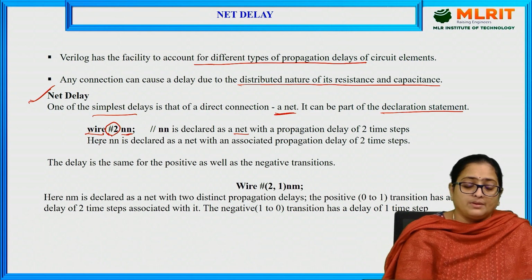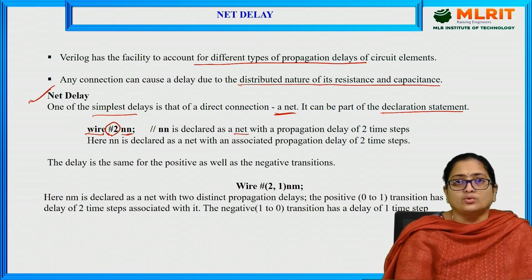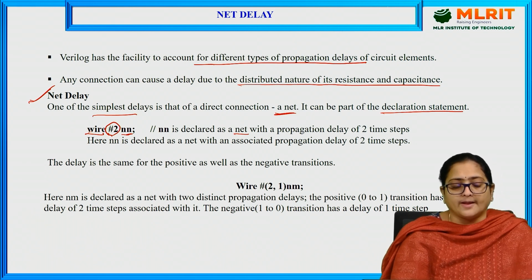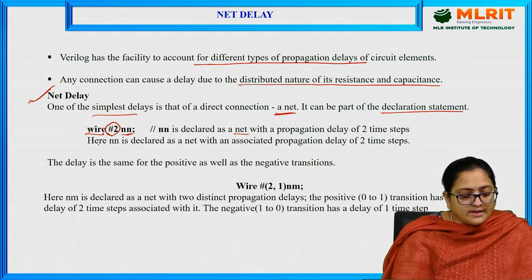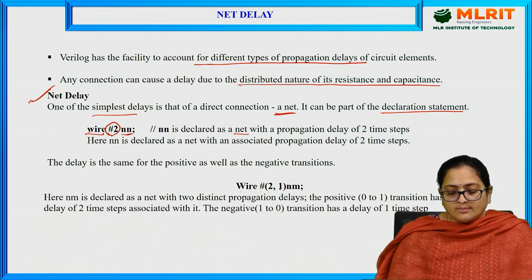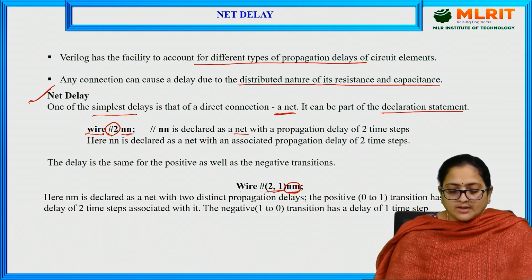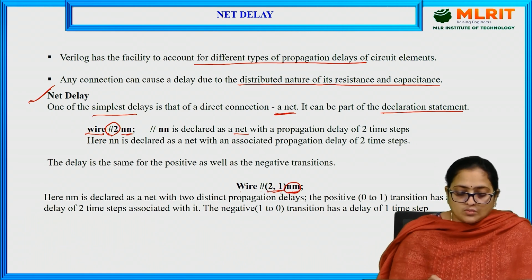NN is a variable, and this variable can be declared as a wire with 2 time intervals of delay. And the same delay can be given with wire #2, 1 NM. NM is a variable which is assigned as a wire with a delay of 2, 1. What is 2 and what is 1?